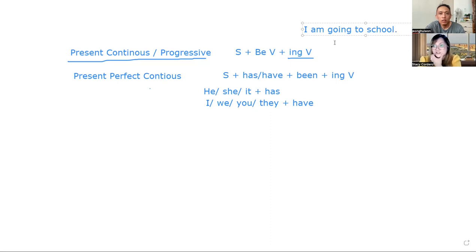This means you are on your way to school. You are probably walking or probably fixing your hair, wearing your uniform to go to school, right? That is the present continuous. Now, how are we going to turn this into present perfect continuous?